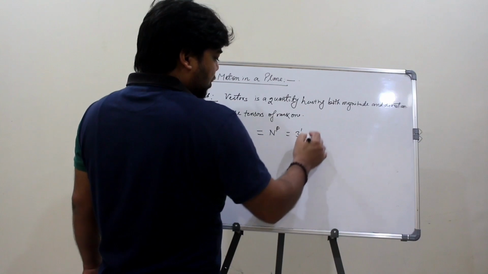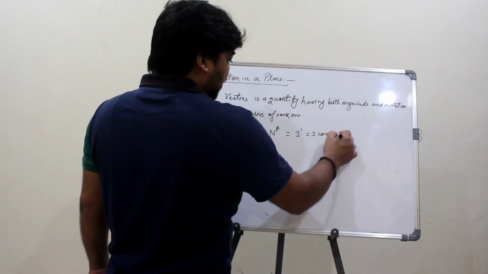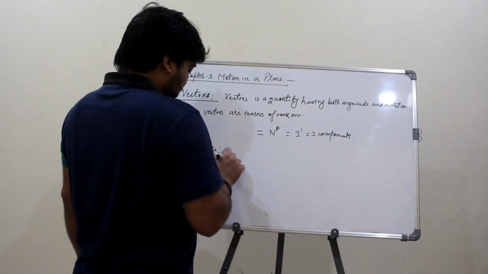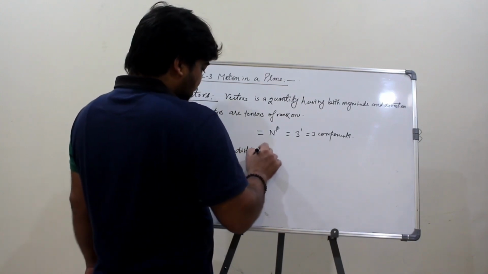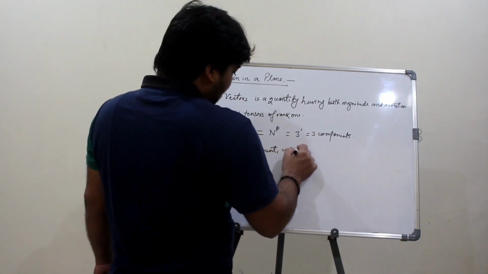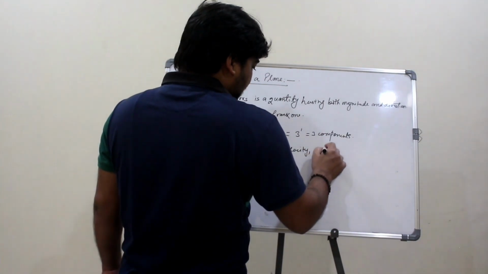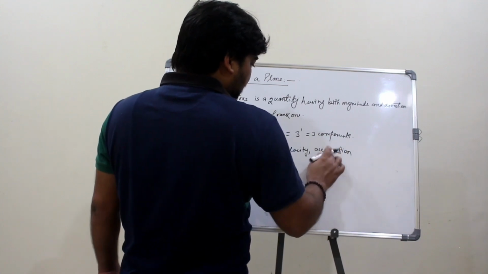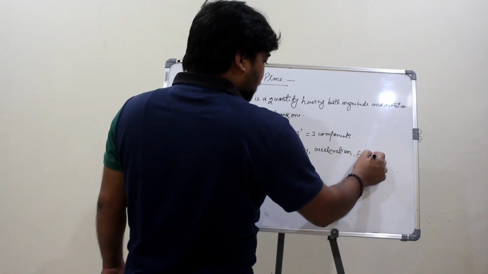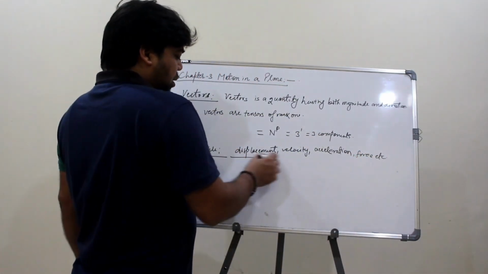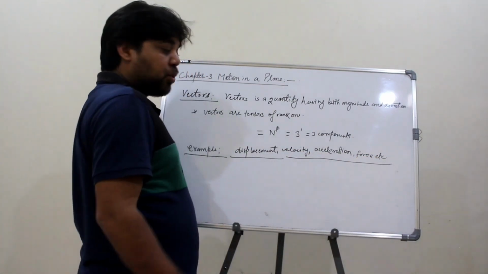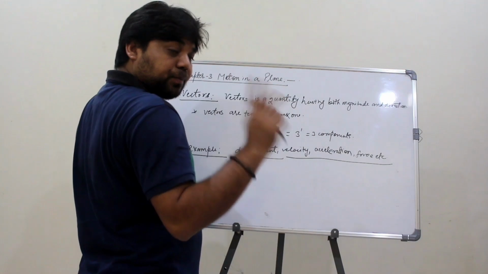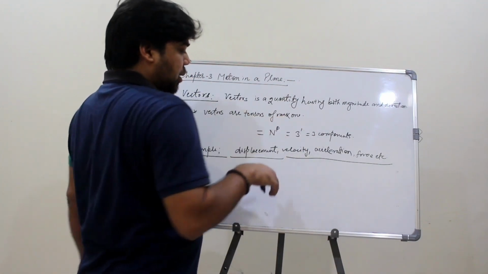So in 3 dimensions a rank 1 tensor has 3 to the power 1 components. Examples of vectors: displacement, velocity, acceleration, force, etc. All have a number of components following this law, n to the power p, where p is always 1 for a vector, and n is the dimension.